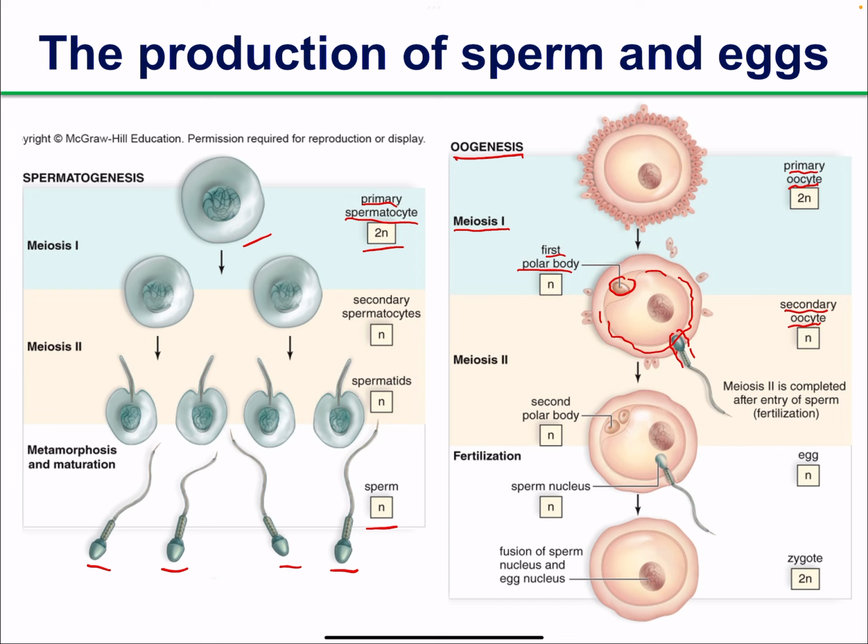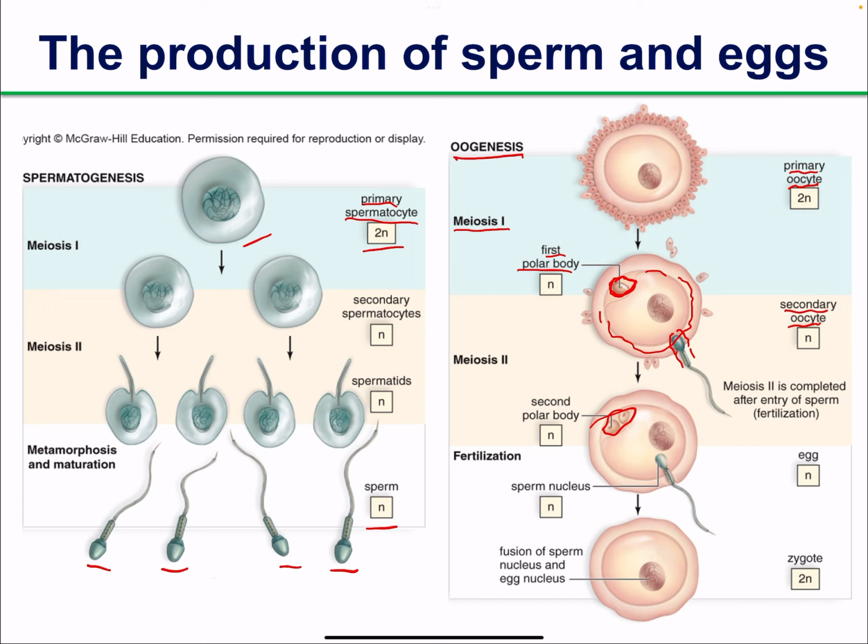By trying to fertilize the secondary oocyte, a number of events develop that are going to trigger these cells to undergo the second division of meiosis. So the one polar body here is going to divide into 2, right?